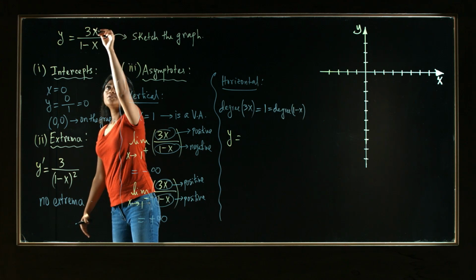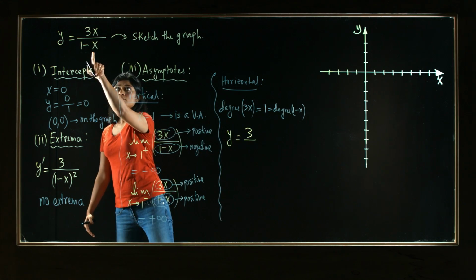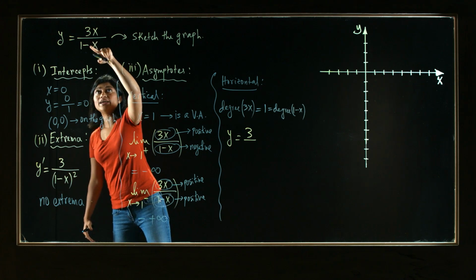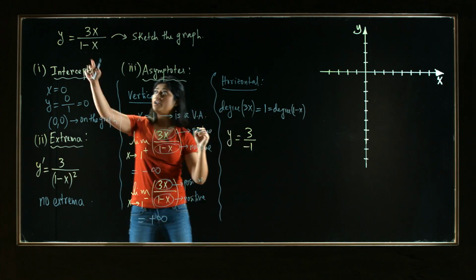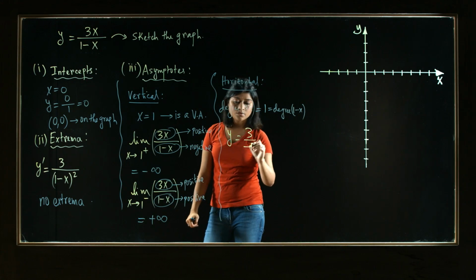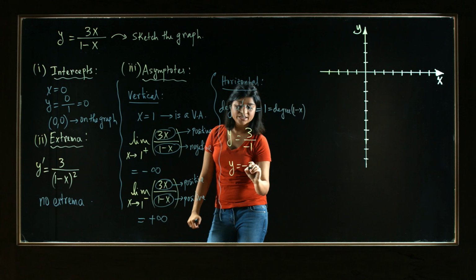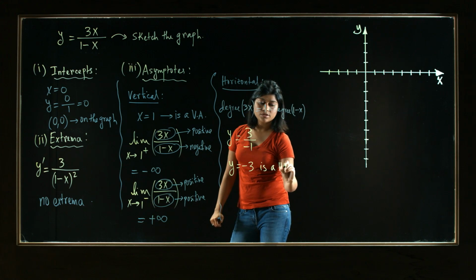In this case, it is x. So on top, you have 3. On the bottom, you have to look at the coefficient attached to the x, which is negative 1. So be careful, do not consider it as 3 over 1. It's 3 over negative 1, which means y equals negative 3 is a horizontal asymptote.